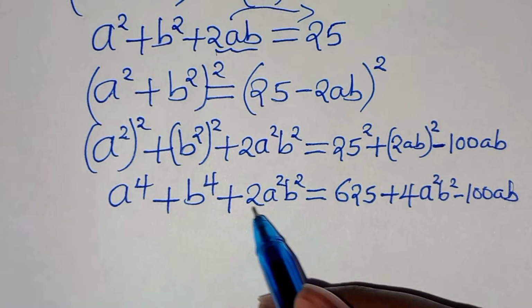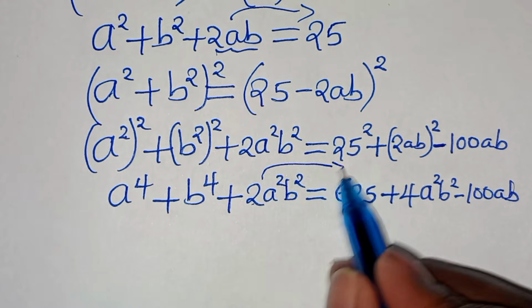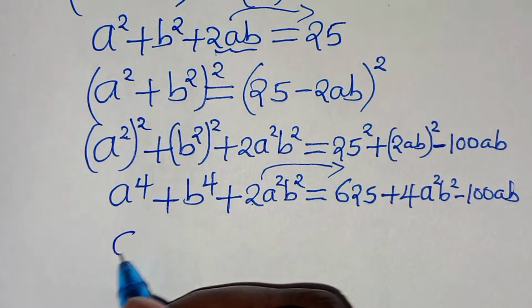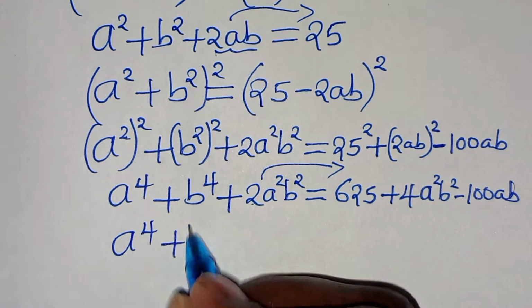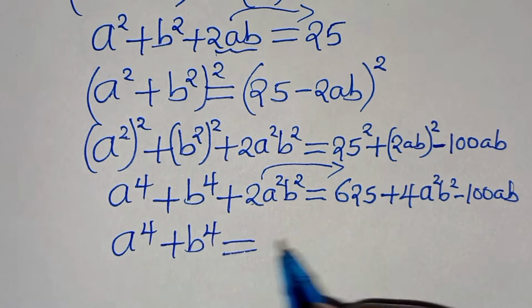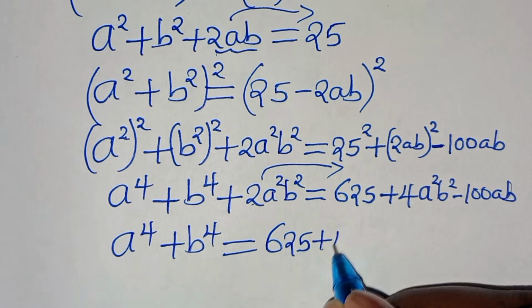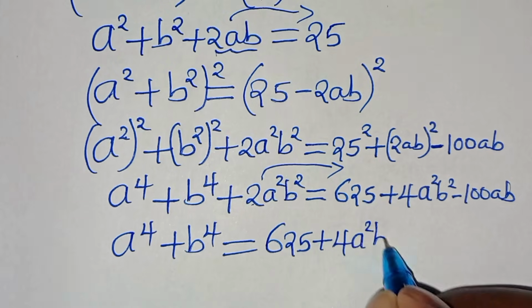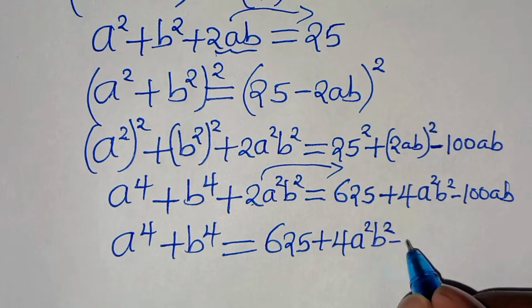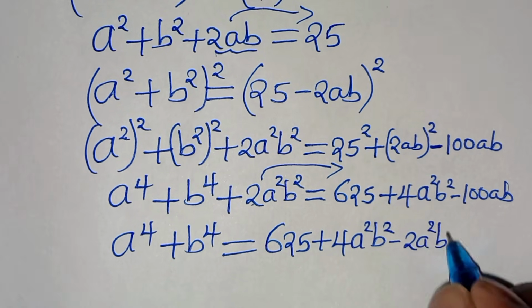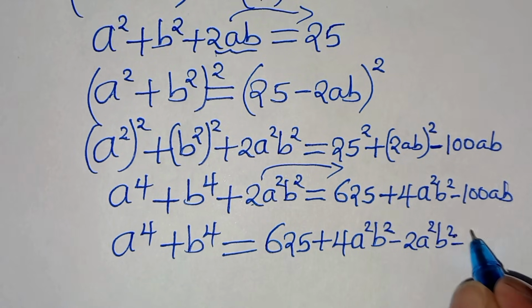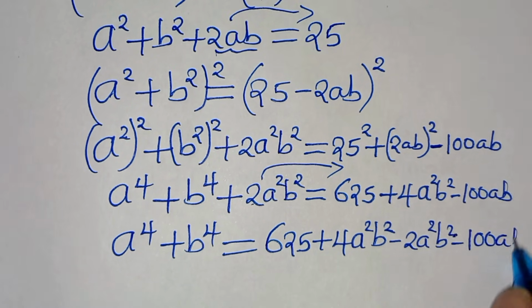The next step is to take 2a squared b squared on the right hand side, so that we have a to the power of 4 plus b to the power of 4 equal to 625, then plus 4a squared b squared, subtract 2a squared b squared, then subtract 100ab.